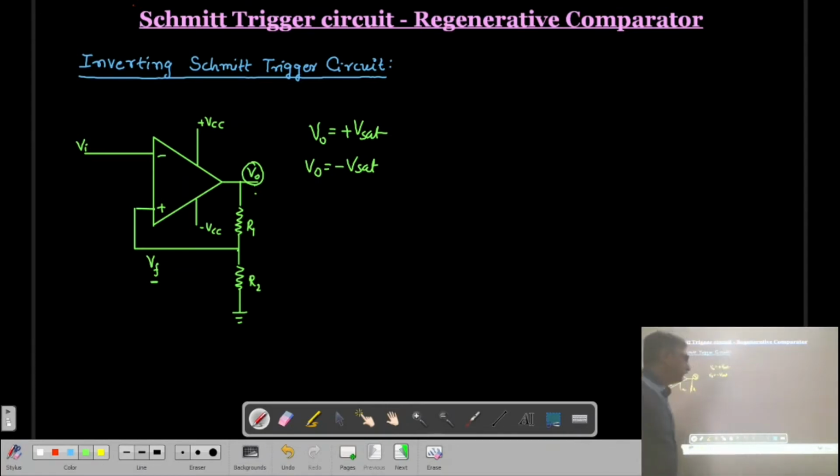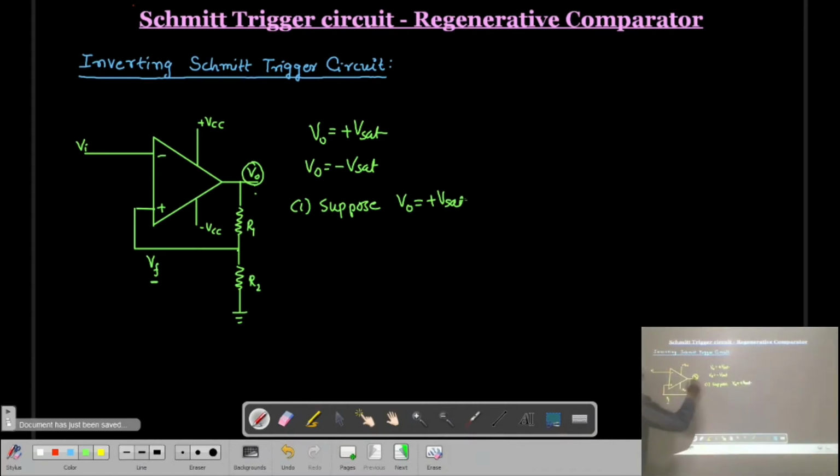So let us consider that the output voltage VO is in plus V saturation. We can calculate the feedback voltage by applying the potential divider rule.